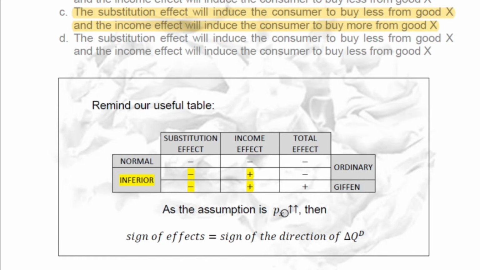As the assumption is that the price of good X increases, the sign of the effect is the same as the sign of the direction of the variation of the quantity. But be careful: if the sign of the variation of Px is negative, I mean if the price of X decreases, then the sign of the effect will be interpreted as the opposite.